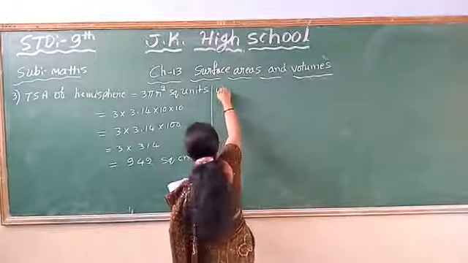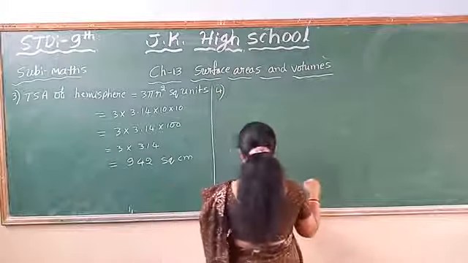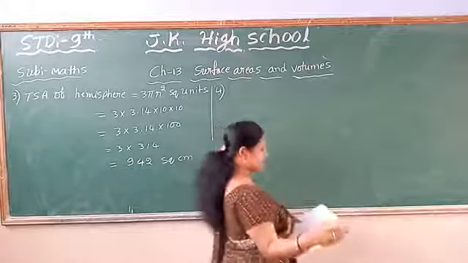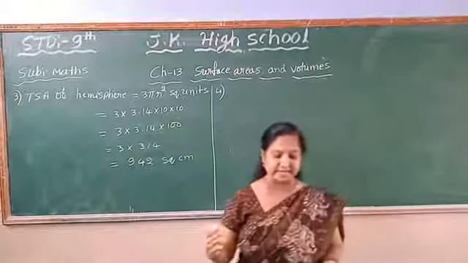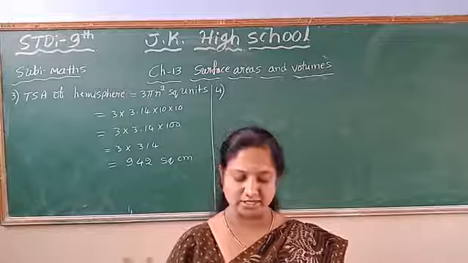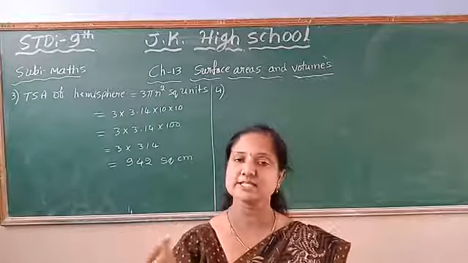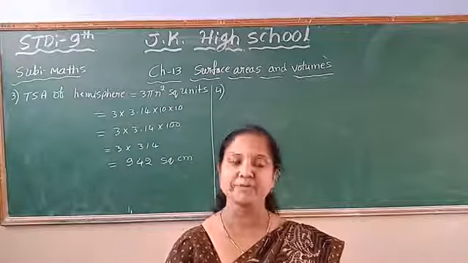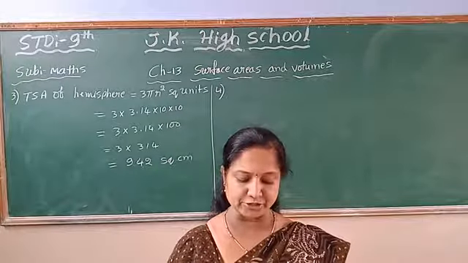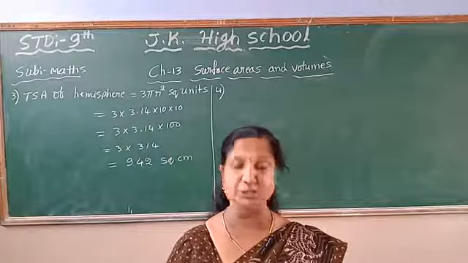Then fourth question. The radius of a spherical balloon increases from 7 cm to 14 cm as air is being pumped into it. Find the ratio of surface area of the balloon in the two cases.